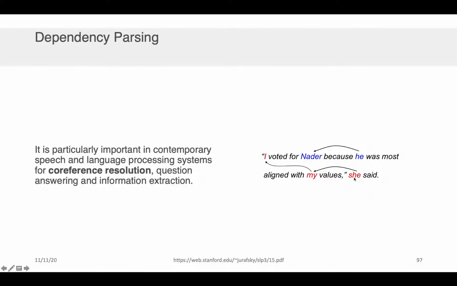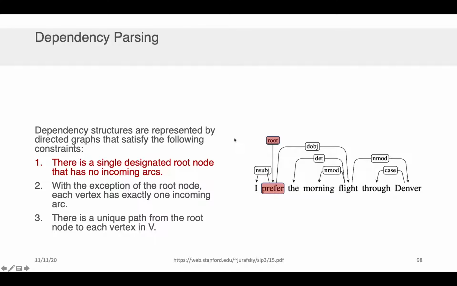Coreference resolution is the problem of figuring out that she, in this case, refers to my, he refers to Nader, and my refers to I. Figuring out that there are these dependencies between the words in the sentence is typically performed using dependency parsing techniques. It's also useful for other problems such as question answering and information extraction, but I think coreference resolution is the big one.